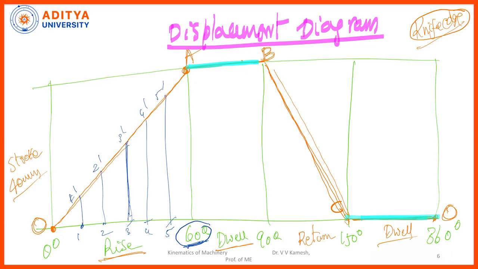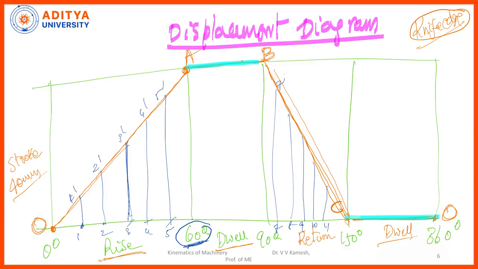Next, the same thing, 90 degrees to 150 degrees. This is also 60 degrees. So, I am dividing this also in 6 parts. So, because this is 5 and obviously it will be 6. So, I am writing here 7, 8, 9, 10, 11.